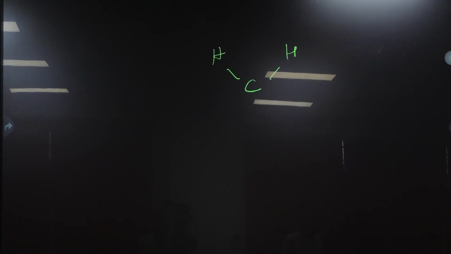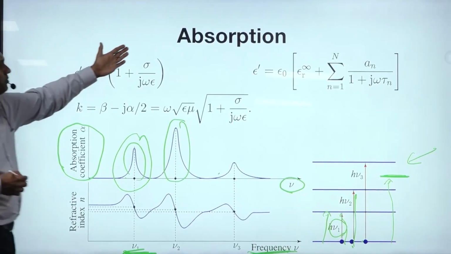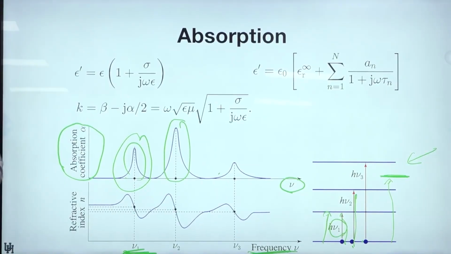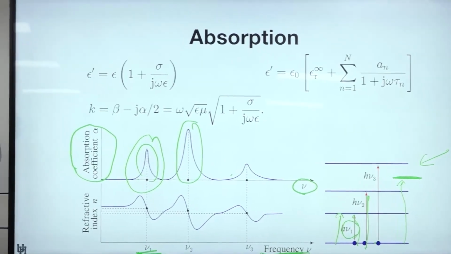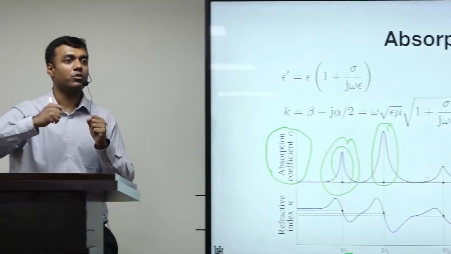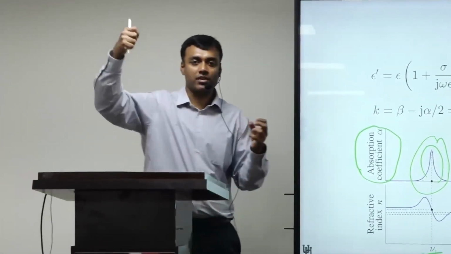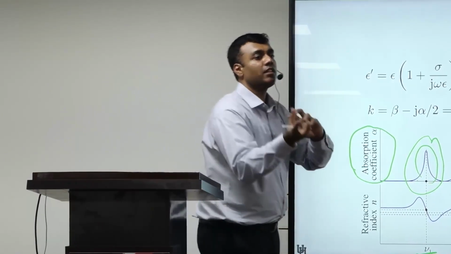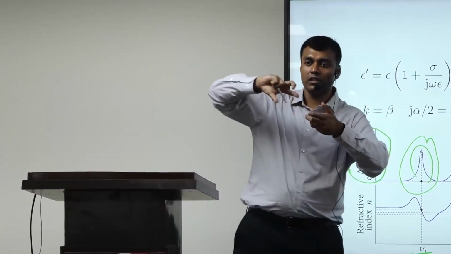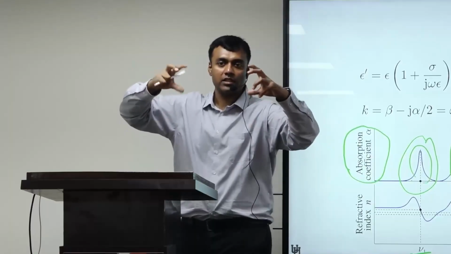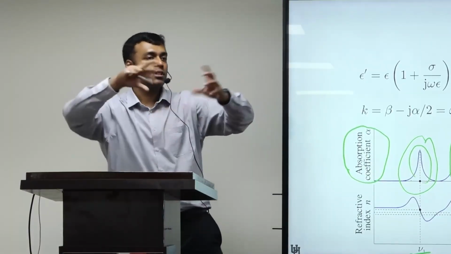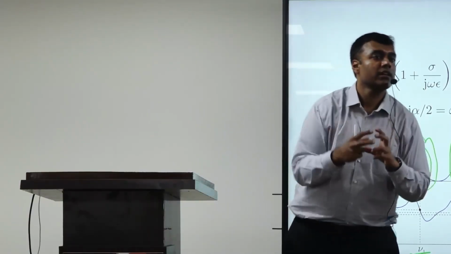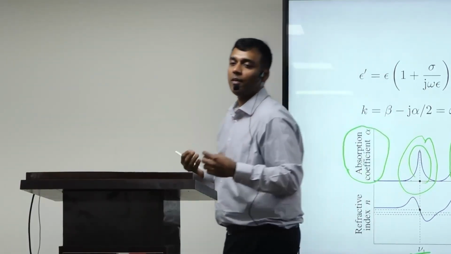So this basic principle of absorption is true not just for atomic transitions, but also vibrational transitions, the relative movement of the CH bond or any bond for that matter. Or it could be rotational transitions. The molecule has a certain rotational shape, and it could rotate and change the shape. Those are called rotational levels.